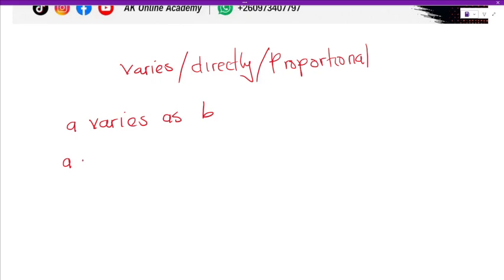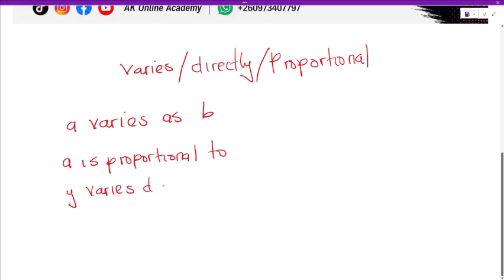Or given that A is proportional to B, or given that Y varies directly as X. What do those special words mean?